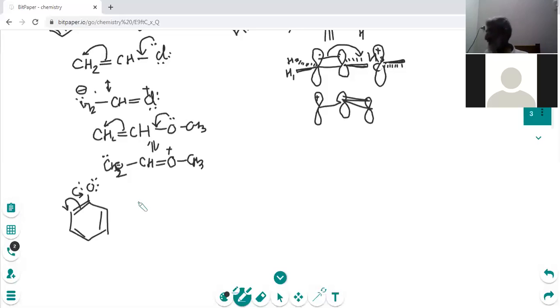You can see here, the lone pair is getting converted into a bond. That's the meaning of this arrow. This bond is getting converted into a lone pair. That is the meaning of the second arrow. Write the result of that.